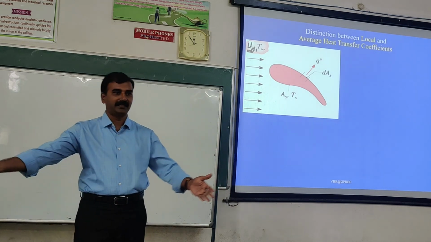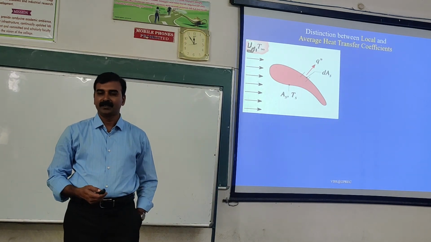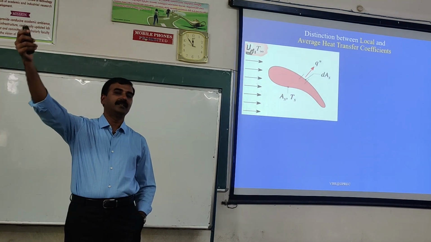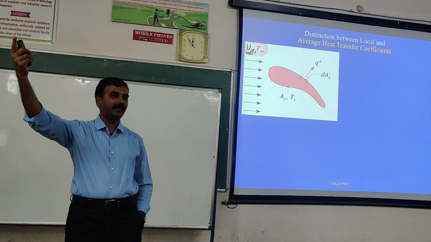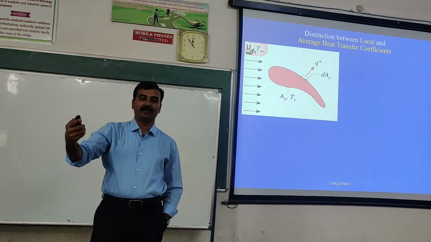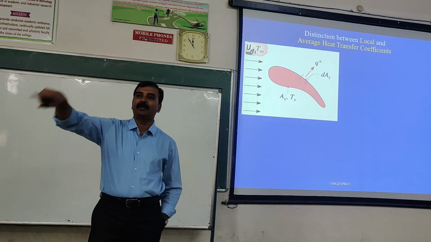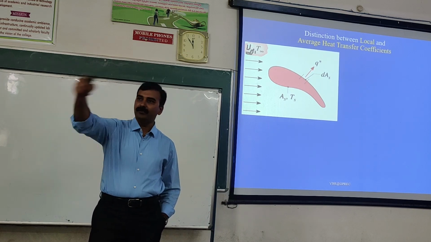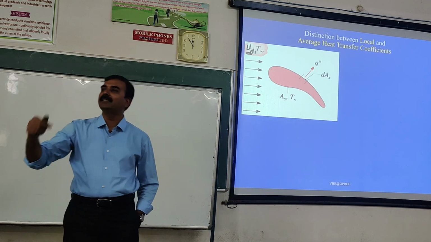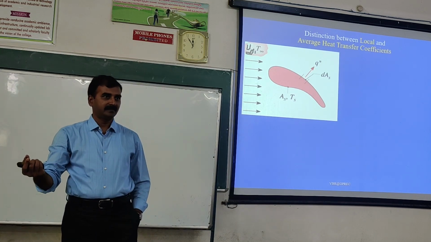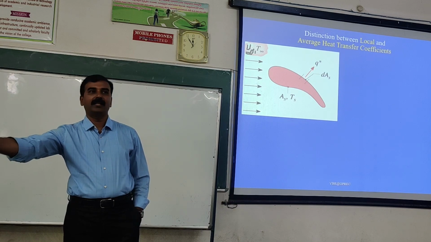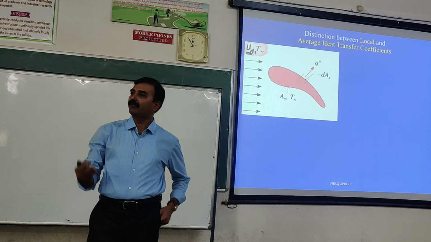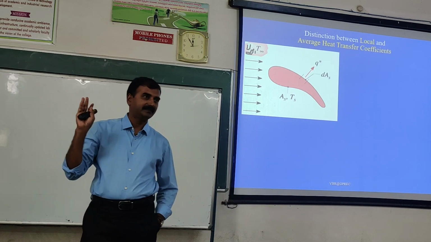There is a bench, the same bench that I am giving you as an example, right? Not the entire part of this body is experiencing the same effect of the fluid motion that is created by the fan. I'll take another example, right? Now I am taking the entire class as the object, right? Now, for sure, all of you will not be experiencing the same comfort or discomfort. Somebody sitting at this corner and somebody sitting in the middle and at the other corners, their experience of comfort may be definitely different, right?